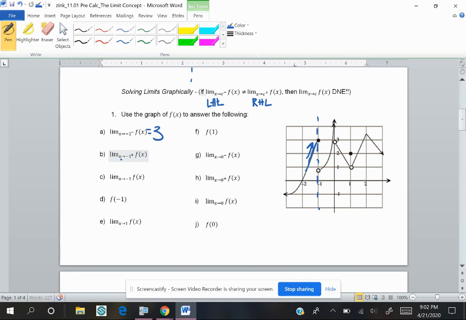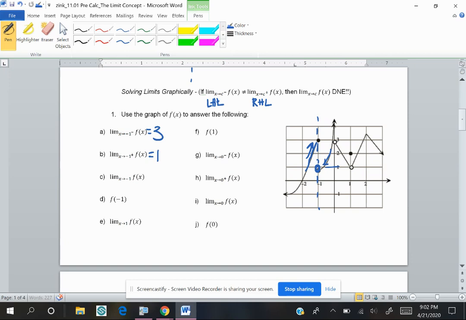B says x approaches -1 from the right side. If I go to the right of this dashed line, then the graph right next to it is this one right here. What am I getting closer and closer to from the right side? To make this easier, let's say this open circle is right on the line there, so that would be 1.